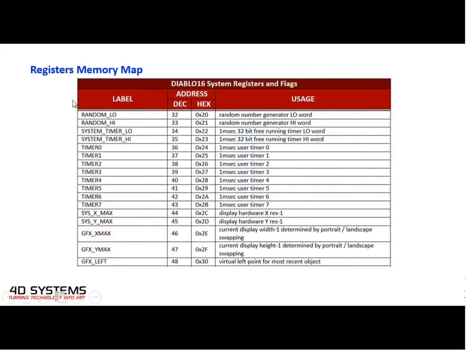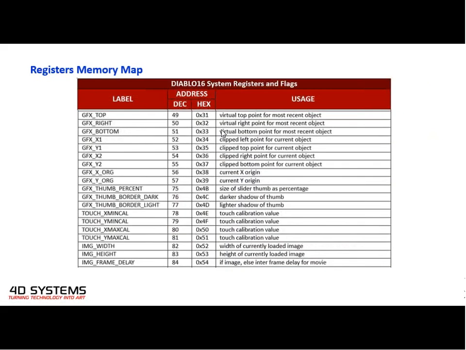Okay, here is the mapping of the internal registers. Well, there are over 100 of them, so it is very important, especially when you are coding in 4DGL and doing some register operations.